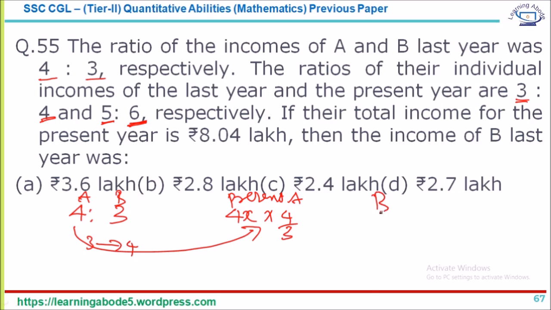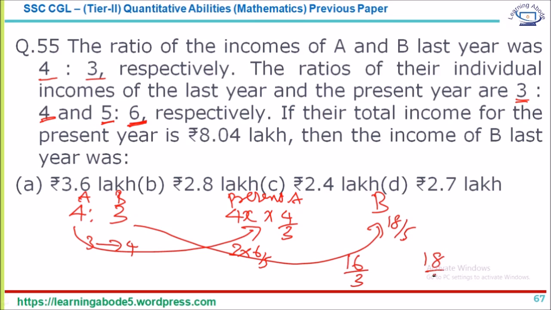the present value for B, earlier let's say it's 3, now the ratio is 5:6. That is, if it was 5 lakhs earlier, now it is 6 lakhs. So you have to multiply by 6/5. So 3 into 6/5, that's 18/5, is the present worth of B. Okay, so it is 16/3 and 18/5 that are the present worth of these two, right?